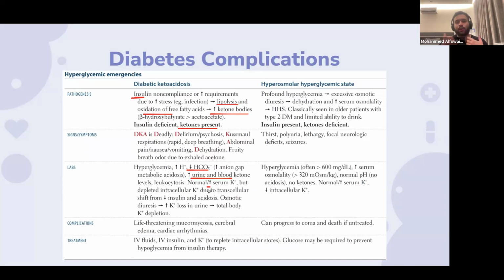When you give insulin, this will shift all the potassium from the blood into the cells. It will rapidly shift, which will cause hypokalemia, okay, when you give insulin. So you give potassium to prevent the hypokalemia, okay? And you might also give glucose to prevent hypoglycemia from giving insulin, okay?